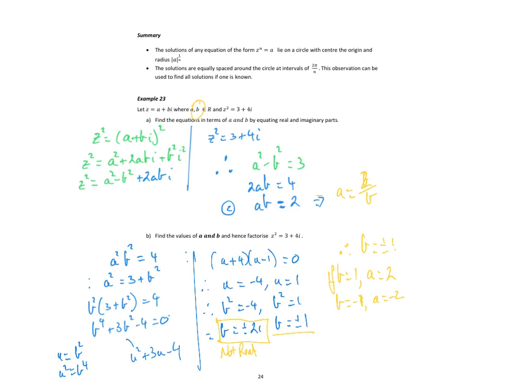So my solutions, therefore, z1 is equal to 2 plus i, z2 is equal to negative 2 minus i. Okay, so we solved a very similar problem in the previous example by using de Moivre's theorem. We have an alternative available to us, and really it's only ever going to work for z squared. I wouldn't be trying it for anything greater than a squared expansion.